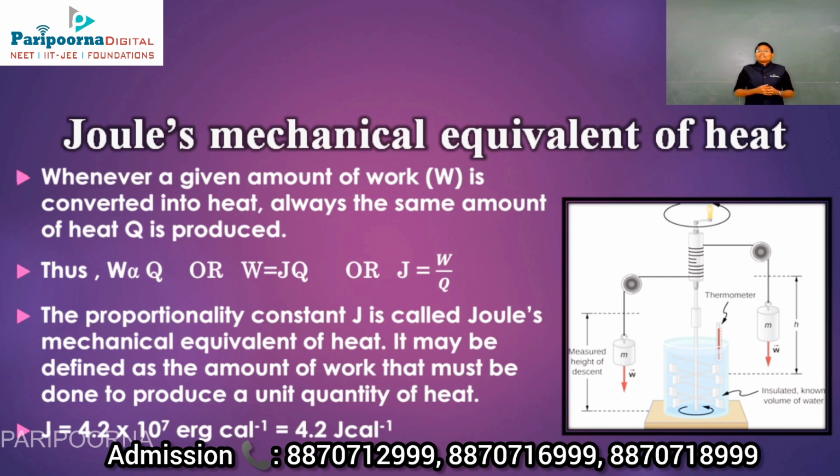It may be defined as the amount of work that must be done to produce a unit quantity of heat. Therefore, J is equal to 4.2 into 10 power 7 erg per calorie, which is equal to 4.2 joules per calorie.